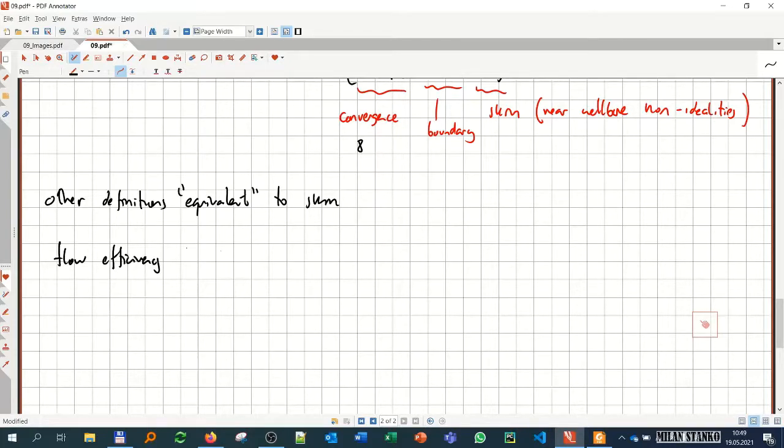So I have a flow efficiency, EF, and this is the ratio (PR minus PWF ideal) divided by (PR minus PWF real), and this was QO divided by J ideal over QO divided by J real.